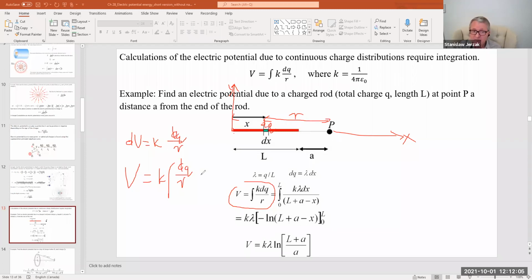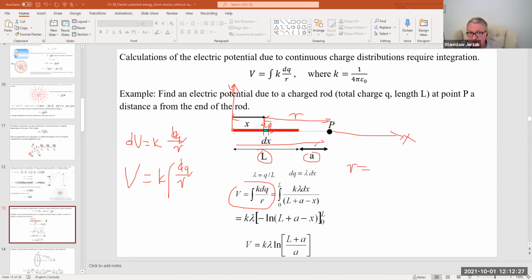But you see the distance R, I can express like this. The distance R is actually equal to L plus a. You see, if you add L plus a, that would be this distance.